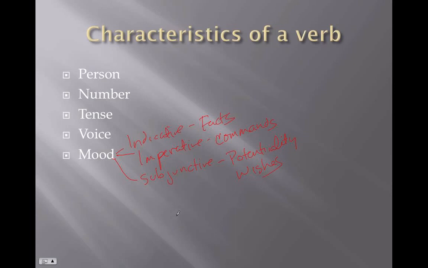Now, if you've learned any other language which has a subjunctive, you'll know the subjunctive is used usually only in particular situations. The same is true in Latin. So don't fear the subjunctive. It shows up in things like conditional sentences, when you want to express purpose, why you're doing something. But for the most part, it will only be in very circumscribed situations. The verb mood that you're going to use most often is going to be the indicative.